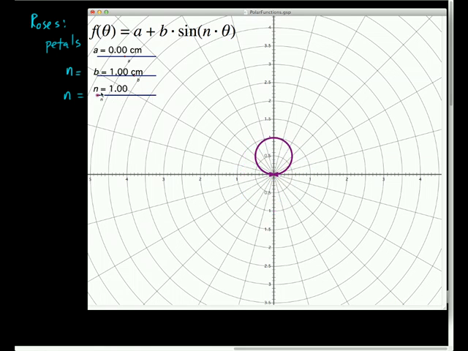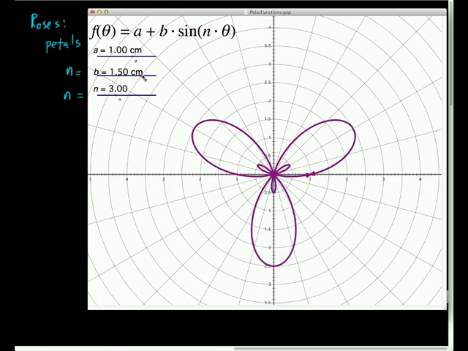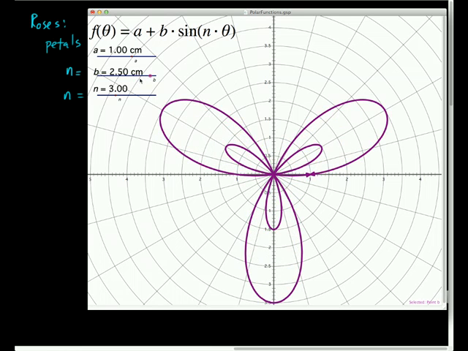Now, one of the things I want to point out about these odd petal situations, if I actually start tinkering around with the values of A and B, you can end up with some unique situations where you have inner petals taking place. And it turns out for the odd situations, it's duplicating each loop twice, and it just happens to be mapped on top of itself.